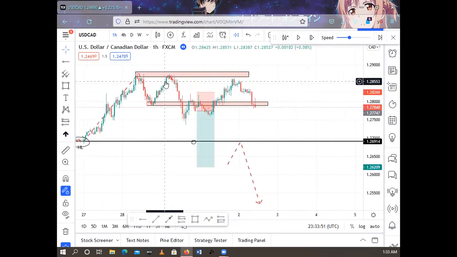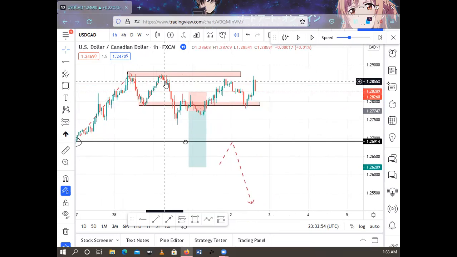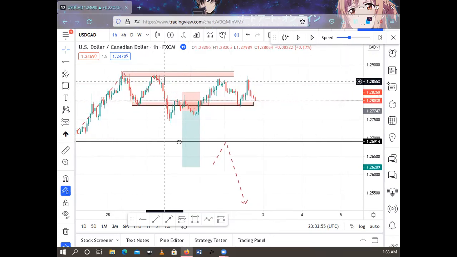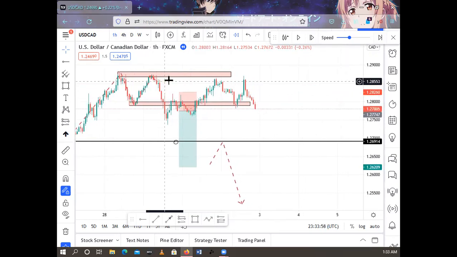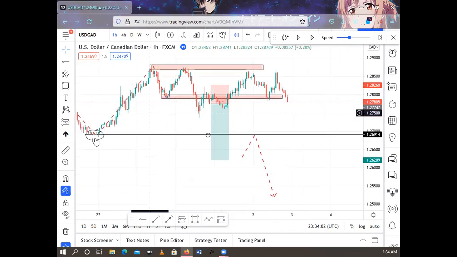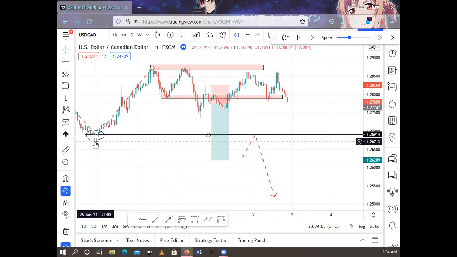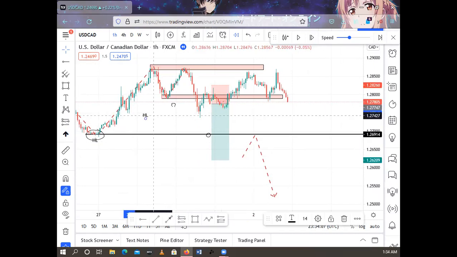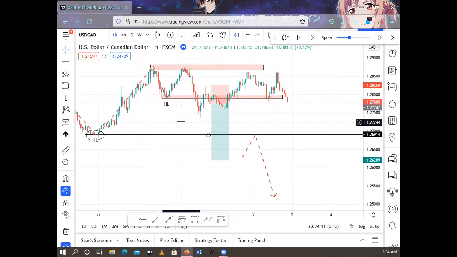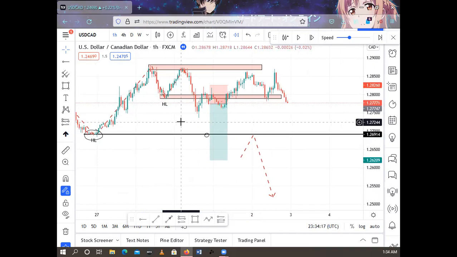And now we can actually predict that the market could break that level here. Now, remember that right now, this level here is our recent lower high. Let me just move this here. This one here, right? When the market completely breaks that level, we want to see price continue moving to the downside, right?